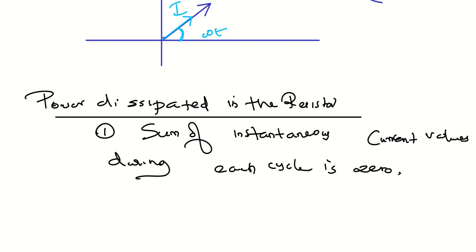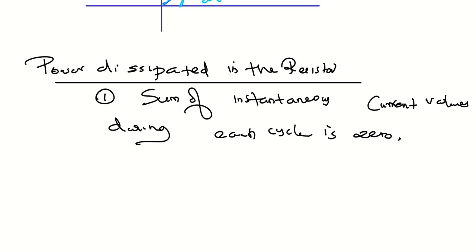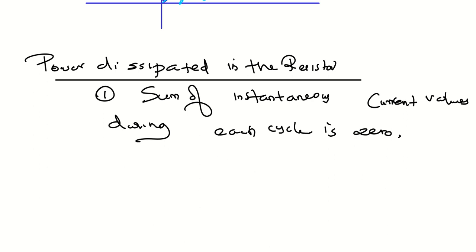So the average current is 0, but an average current of 0 does not mean that the average power is 0. So we have to find the instantaneous value of power and also the average power consumed over one complete cycle. We know the power equation.